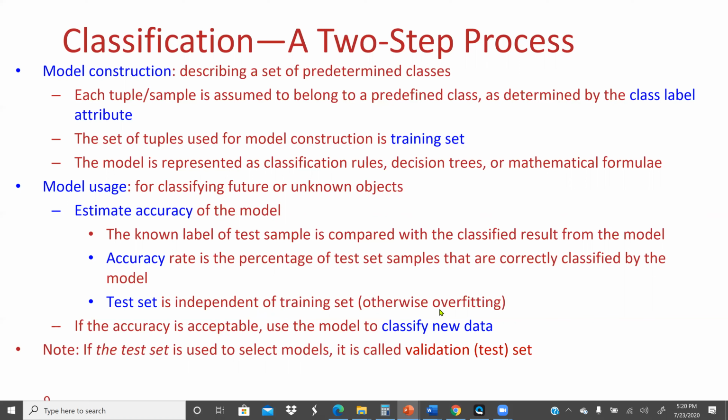Overfitting means you have a training set and you use it to build a model, and the model looks very perfect. But when we use the test set, we don't even come close to good accuracy, say not even 60% or 70%.